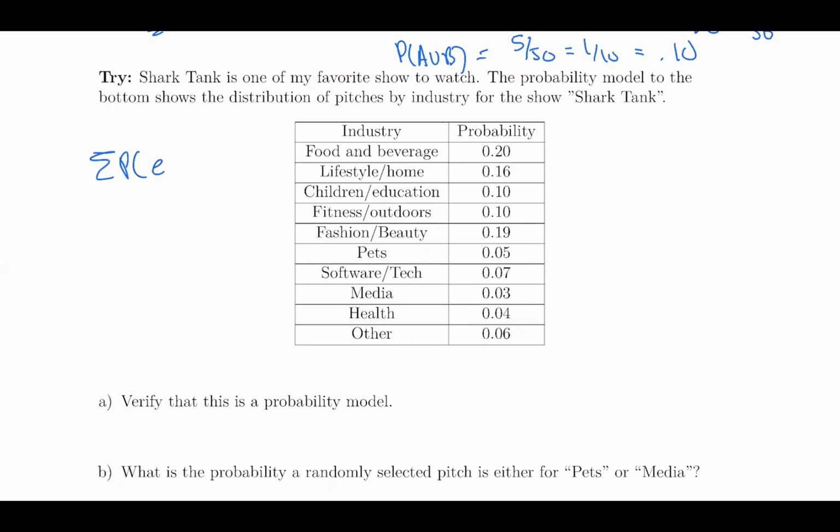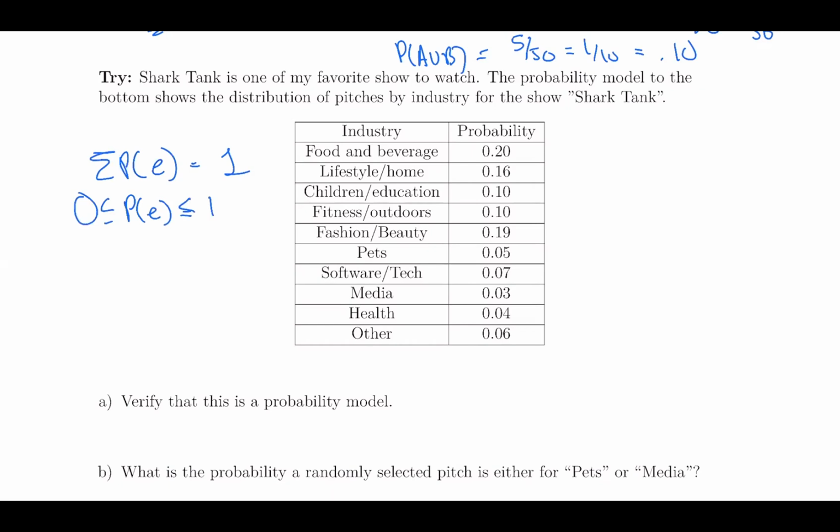So if I get the probability of all the events, it should add up to 1. What's the other condition? Cool. The probability of the events should be between 0 and 1.